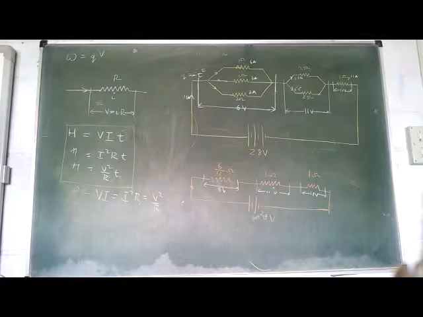what was the question I am giving? Bulb A is rated 100 watt, 220 volt, and bulb B is rated 60 watt, 220 volt.